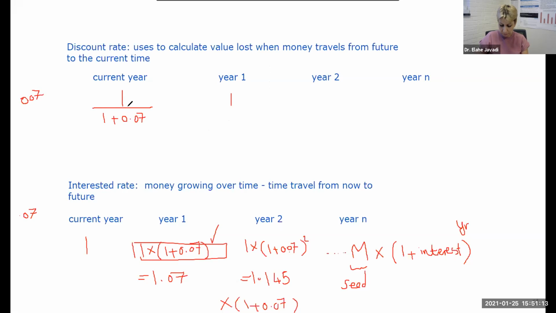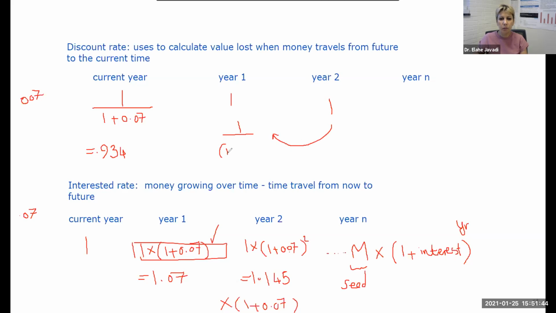Let's do that. Then you're gonna tell me you're gonna earn $1 a year 2, and I say that you have to discount this once to take it to year 1.